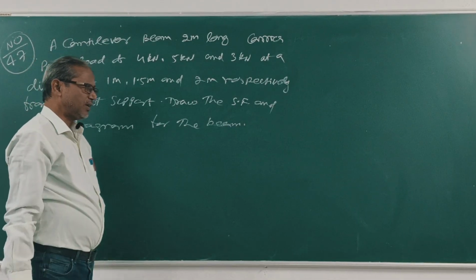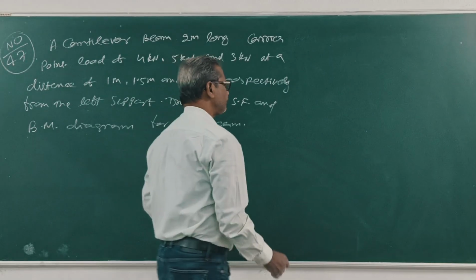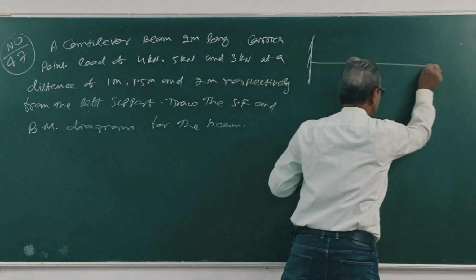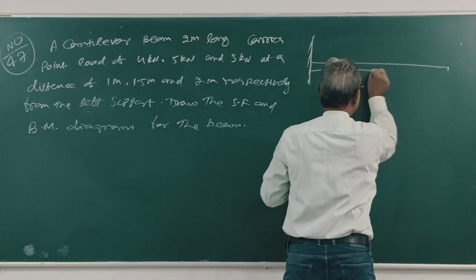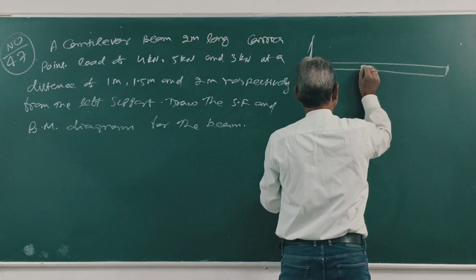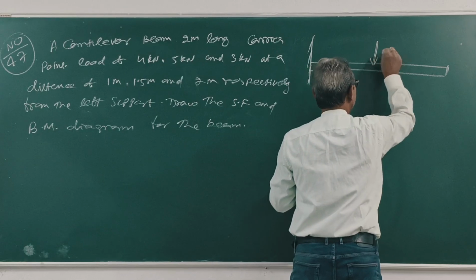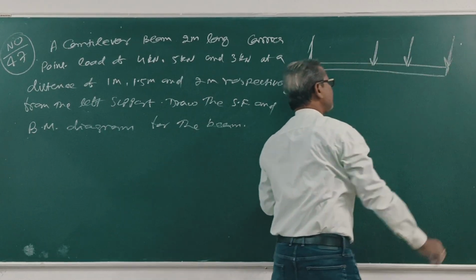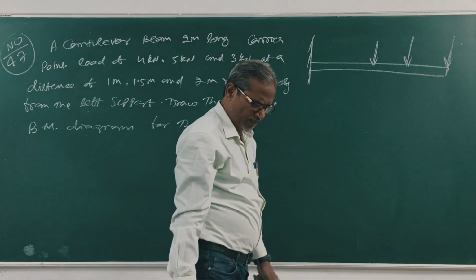First draw the base diagram. This is cantilever beam AB 2 meter long. This is 1 meter, 1.5 meter, 2 meter. Clear?